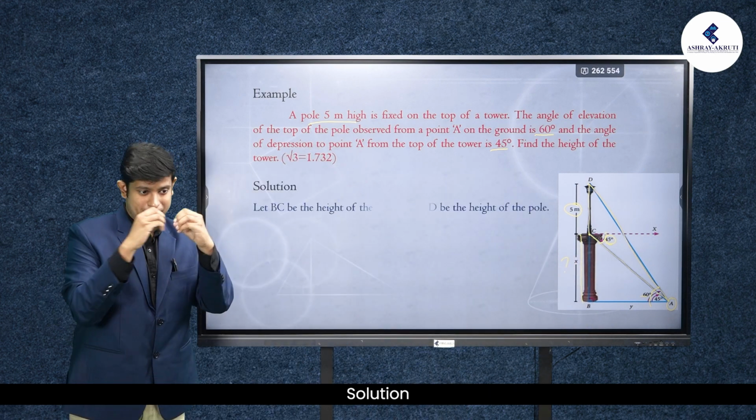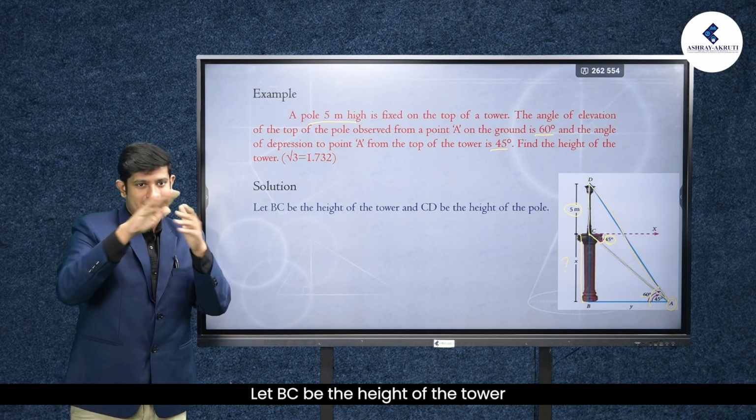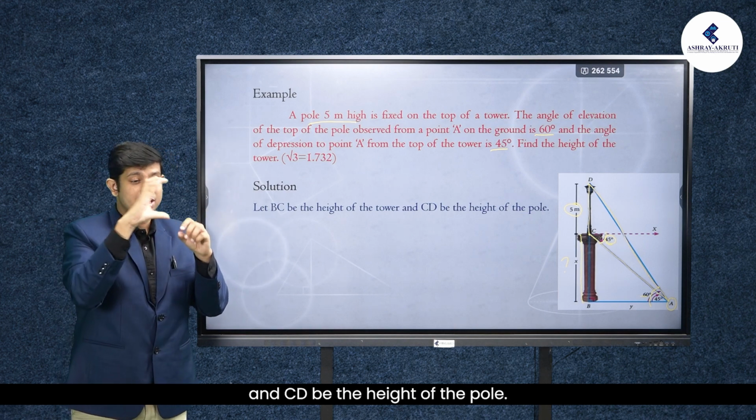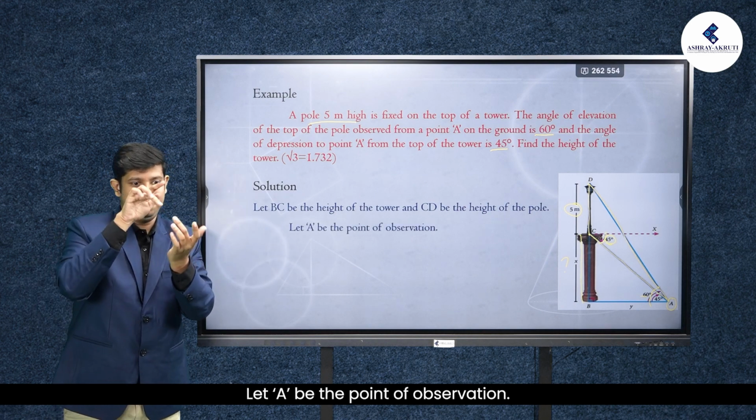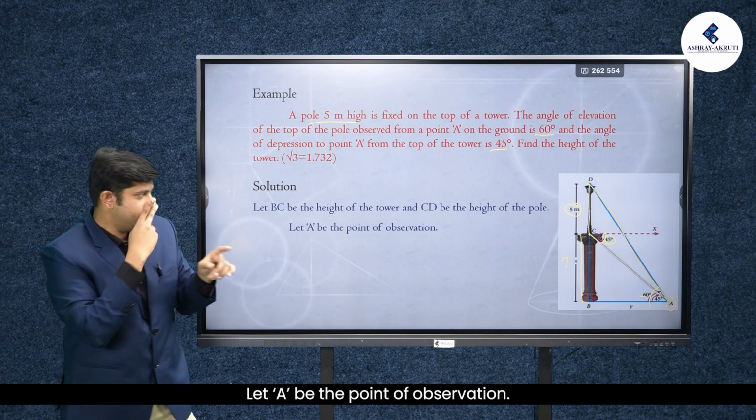Solution. Let BC be the height of the tower and CD be the height of the pole. Let A be the point of observation.